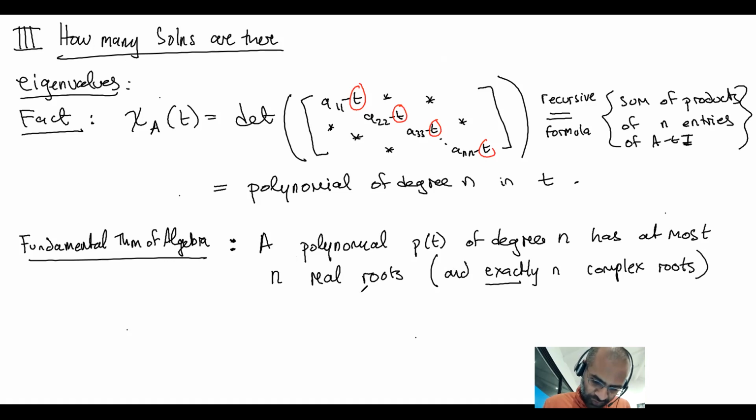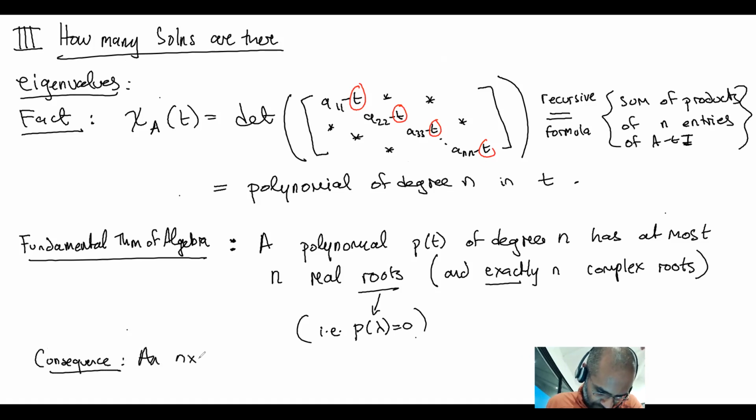Okay, so a root is a number with the property that p of lambda equals 0. And so this tells us that you can never have more than n eigenvalues counted with multiplicity, because the characteristic polynomial is a polynomial of degree n, and a polynomial of degree n has at most n real roots. So what's the consequence?